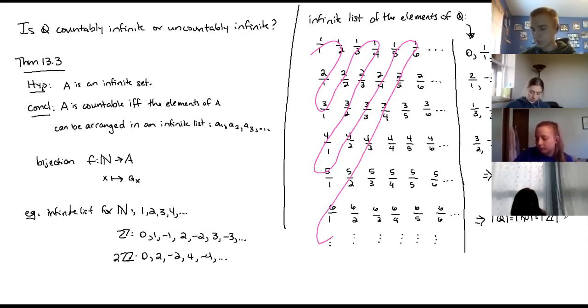So there are exactly as many fractions as there are integers. There are also exactly as many fractions as there are natural numbers or positive integers.